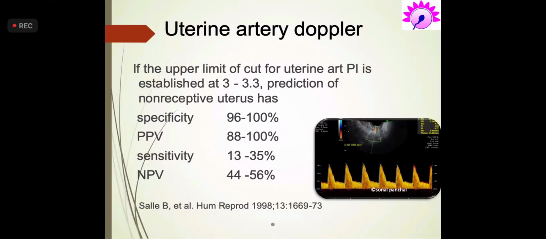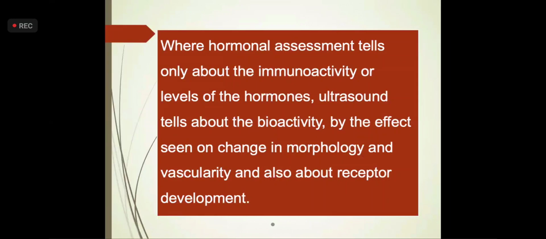There's lower diastolic flow, so discontinuous or inconsistent flow of oxygen to the endometrium, no flow or less flow in the diastole, and therefore less development of the estrogen receptors, and therefore poor endometrial receptivity.